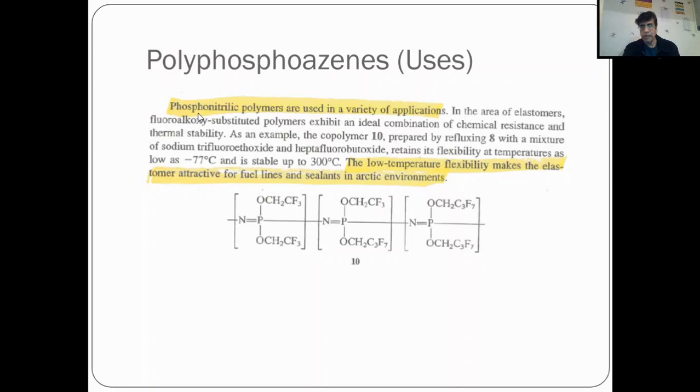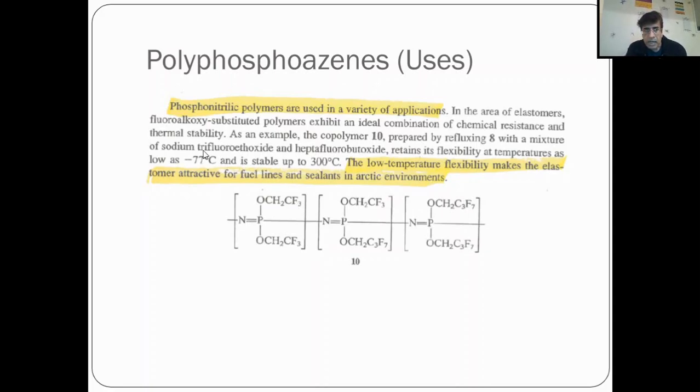Polyphosphazine has a variety of applications, especially these two. See here, we have trifluoro. There are two alkoxy groups we use, fluoroalkoxy-substituted groups. So instead of CH2CH3, the H3 will be replaced by fluorine.